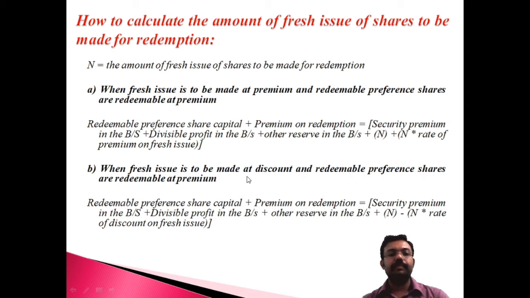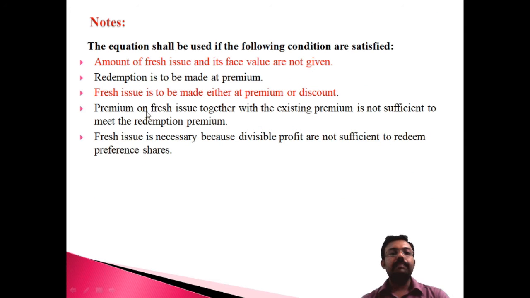And the premium on the fresh issue together with the existing premium is not sufficient to meet the premium on redemption. Then a fresh issue is necessary because the divisible profits are not sufficient to redeem the preference shares.